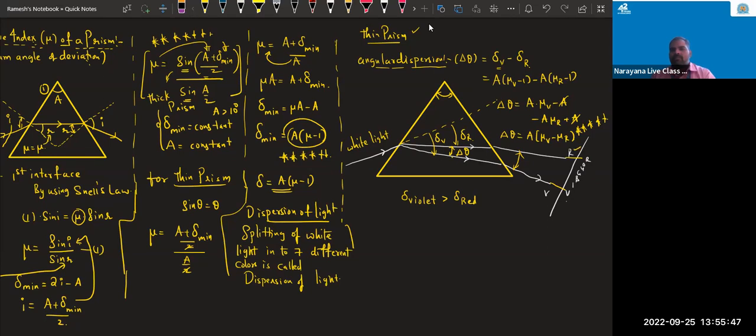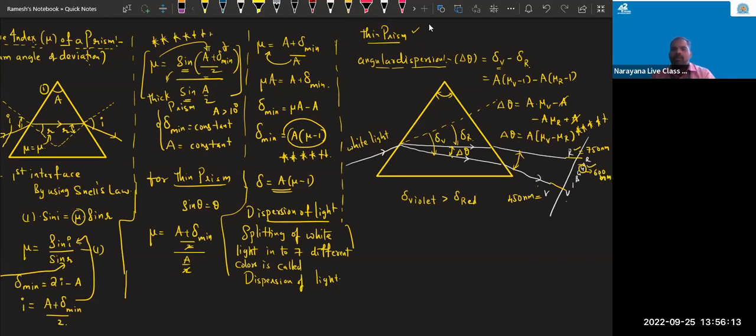Among the 7 colors, yellow is taken as a mean color. Why am I taking it as the mean color? Violet color, approximately its wavelength is 450 nanometer. Red color is 750 nanometer. What is the average value of these two colors? 600, no? So yellow is having almost 600 nanometer.